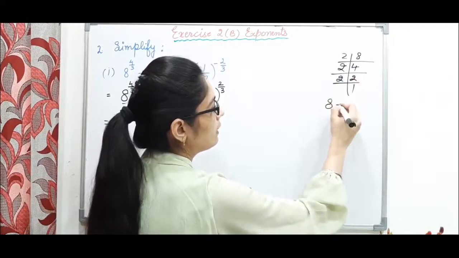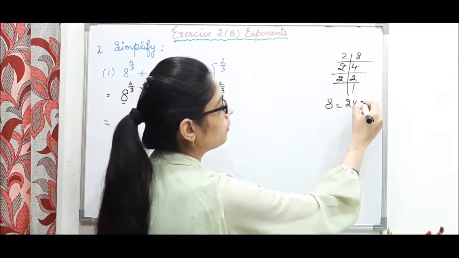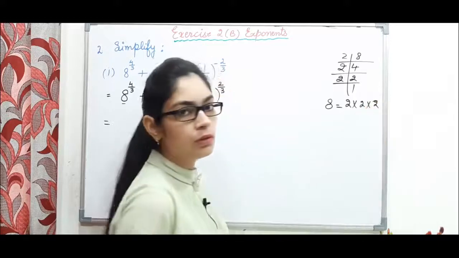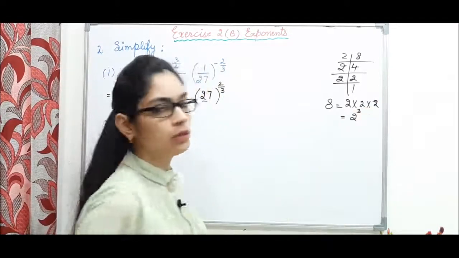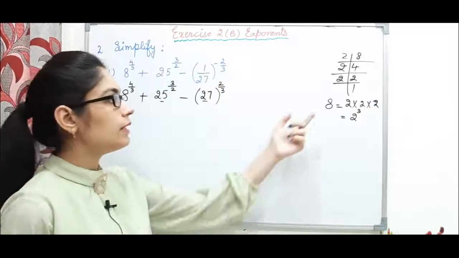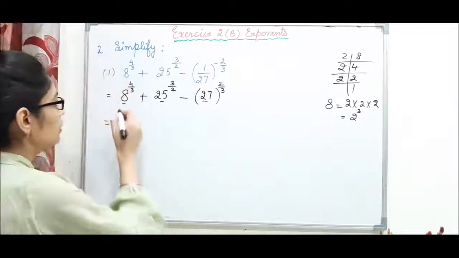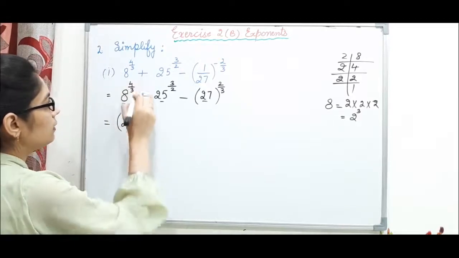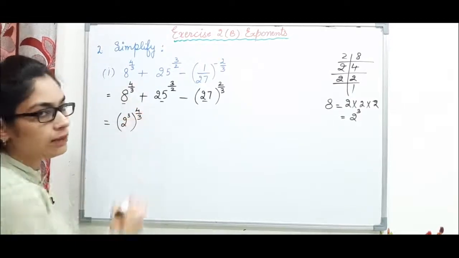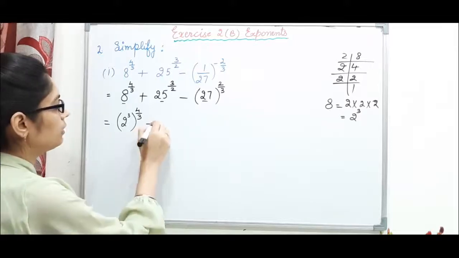So I can say 8 is equal to 2 into 2 into 2. That means 2 is multiplied by itself 3 times. So the exponential form is 8 is 2 to the power 3. So in place of 8 we can write 2 to the power 3, and the fraction 4 by 3 as it is we have to write.